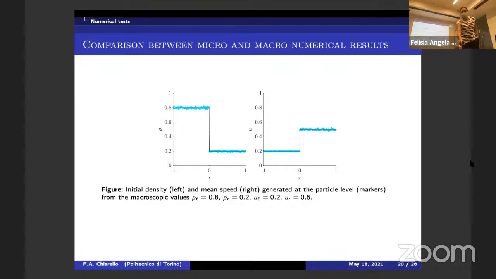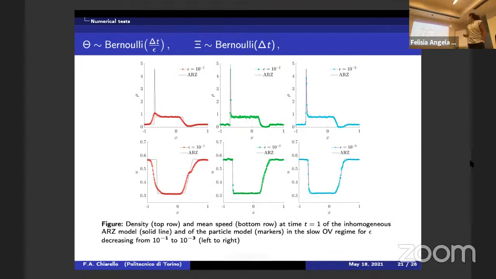Okay, and we can see that as epsilon is decreasing, the numerical test of the particle model matches the macroscopic solution. So you can see here the match of the two solutions.